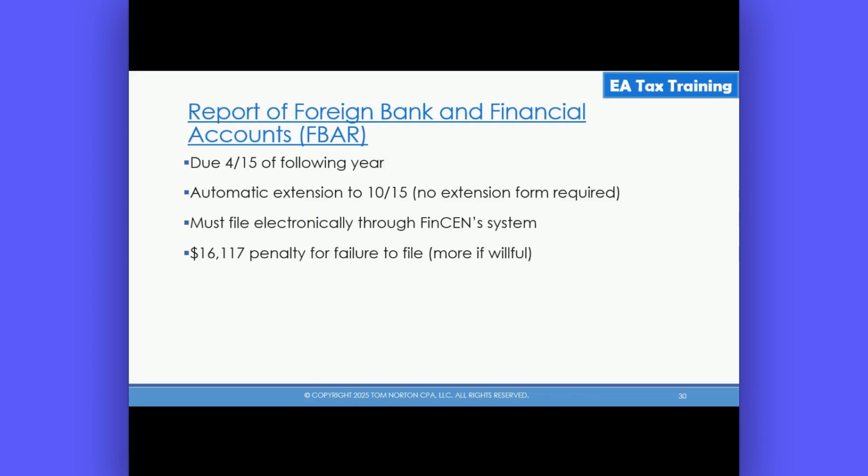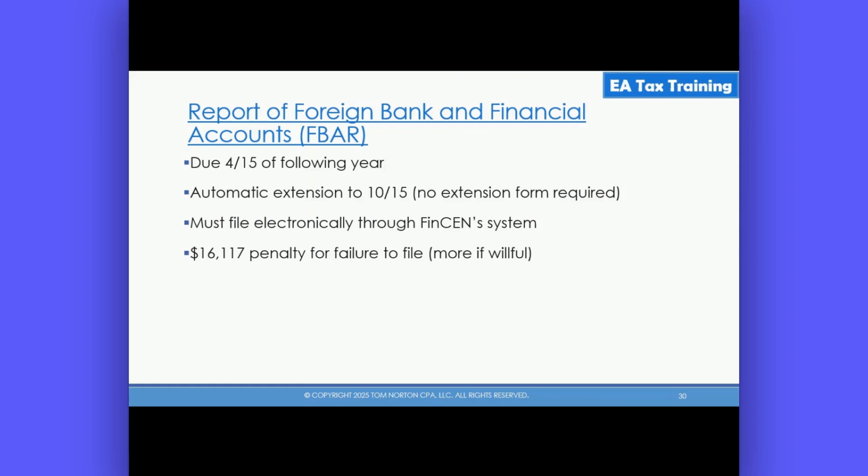So what happened with the Supreme Court case was there was a gentleman who did not file it for 5 years, and it was not willful. The government agreed it was not done willfully. He just overlooked it, did not file his FBAR for 5 years. So he said, okay, I didn't file it. It was a $10,000 penalty. 5 years, that is $50,000. So he had a penalty of $50,000.